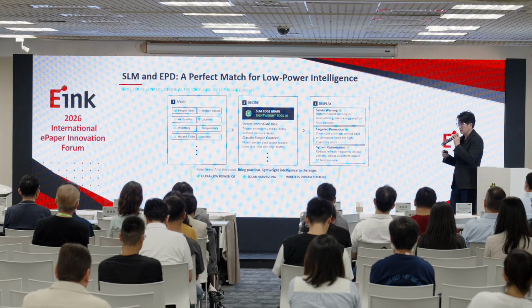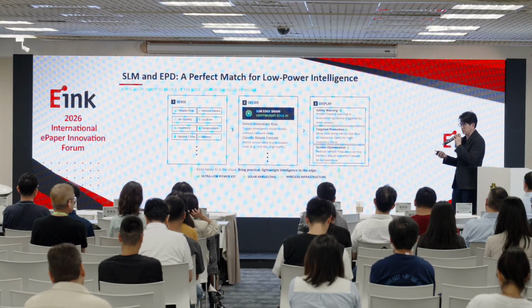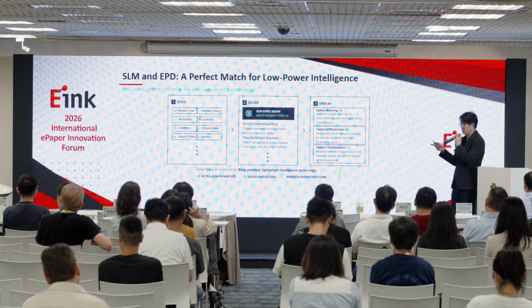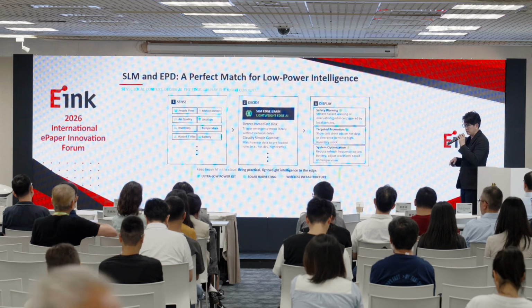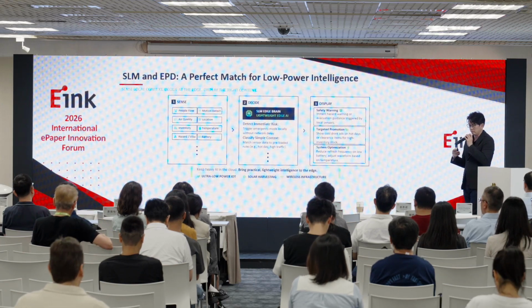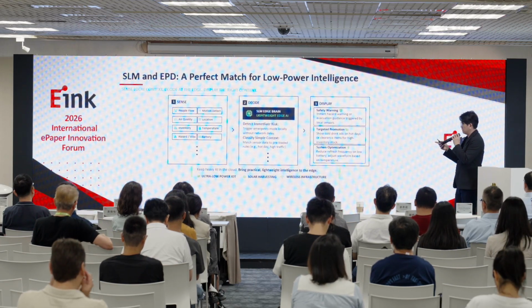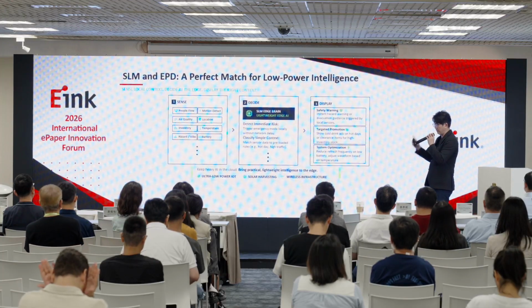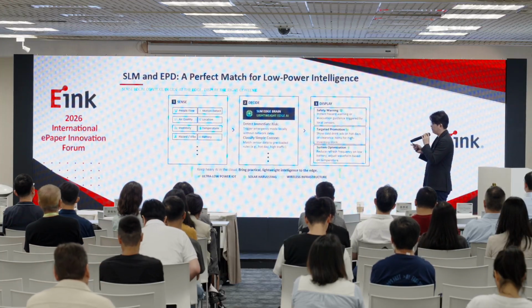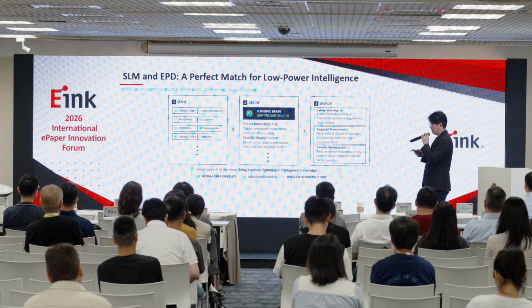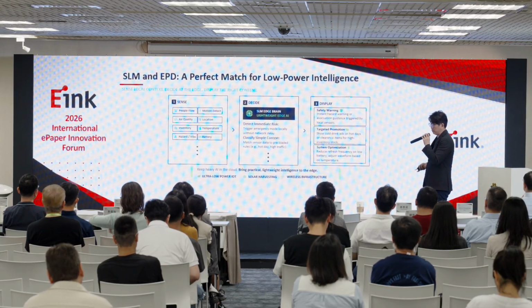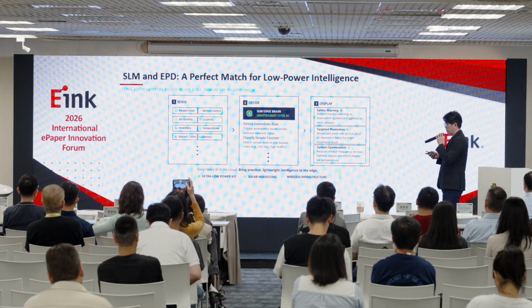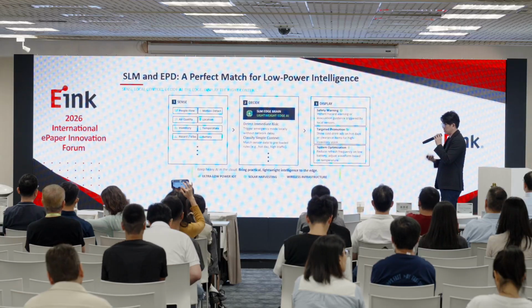For example, of course you can use LCD, but sometimes it's hard to supply the power. And if you want to show some information, combined with EPD, you can put this device everywhere. So I believe SLM combined with EPD has another huge opportunity to make paper become smarter.